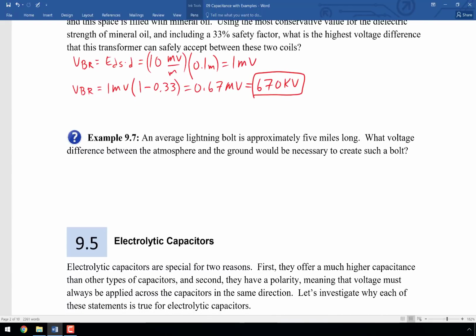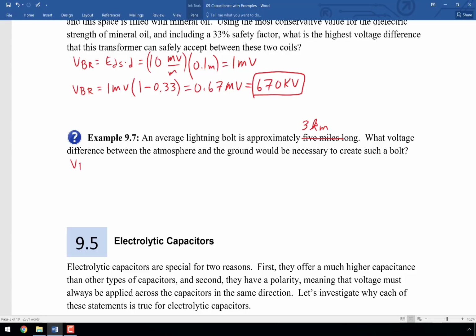An average lightning bolt is approximately 5 miles long. Actually, let me adjust that. I have some new information here. It's actually about 3 kilometers long. And so what voltage difference between the atmosphere and the ground would be necessary to create such a bolt?